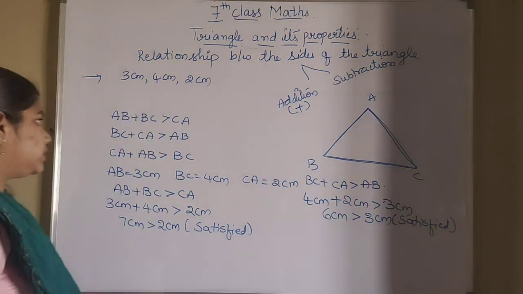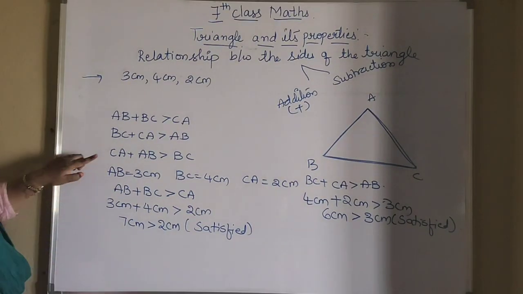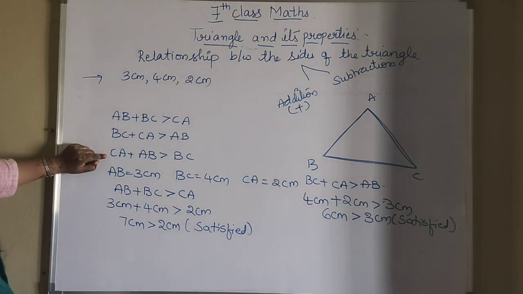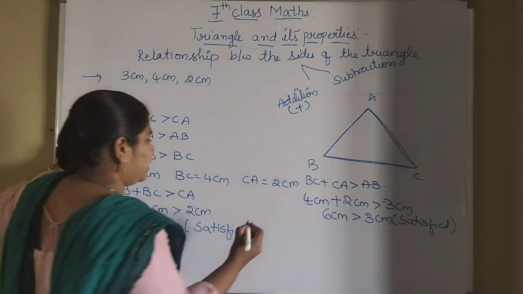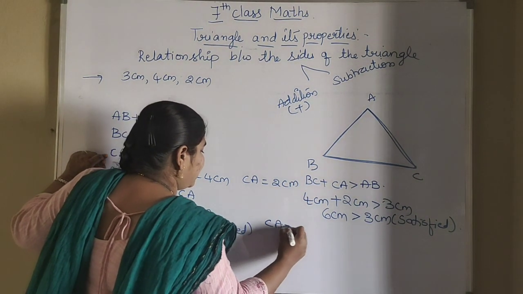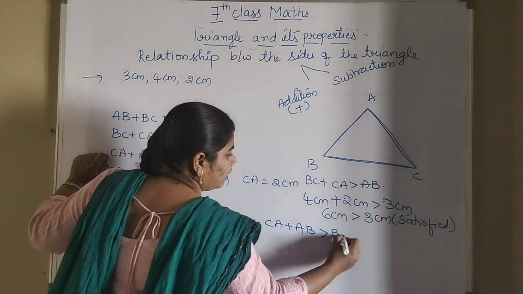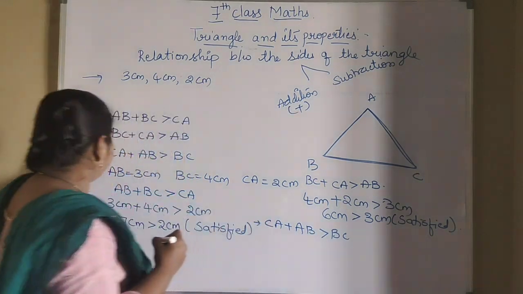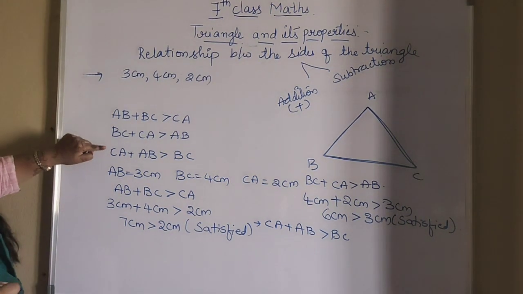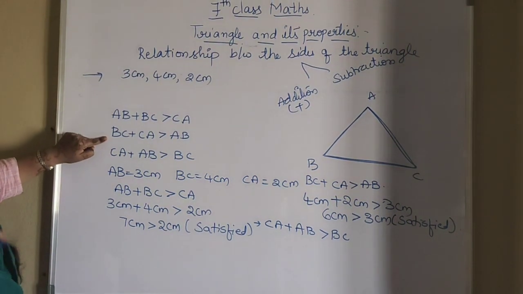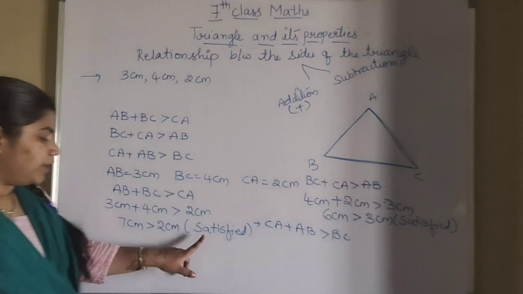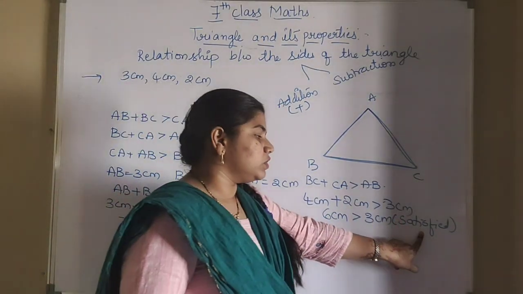Now coming to the next one. Last condition. What is that? CA plus AB should be greater than BC. This is our third condition. Whenever these three conditions are satisfied, then only a triangle will be formed. First condition is satisfied, second is also satisfied.